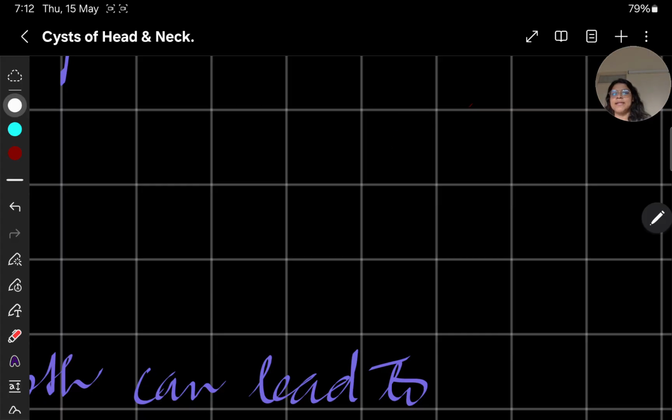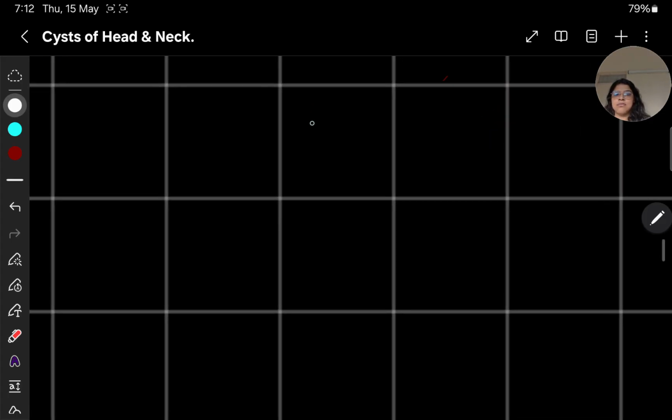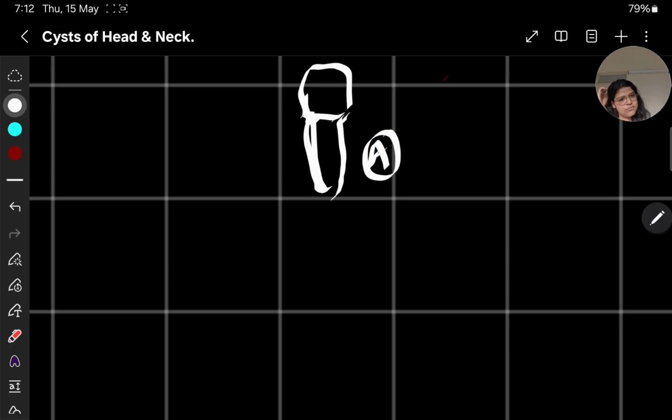Suppose we take this as the incisor, okay, first incisor. This is A, whatever, and then you have a radicular cyst.